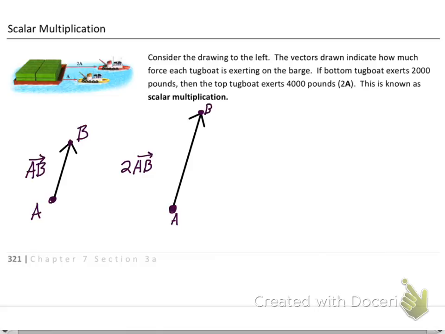A scalar multiplication can even take down the amount of force or the length of our vector. So if I do 1/2 of that same starting vector, it's going to look just like AB, just shorter. That kind of looks half.